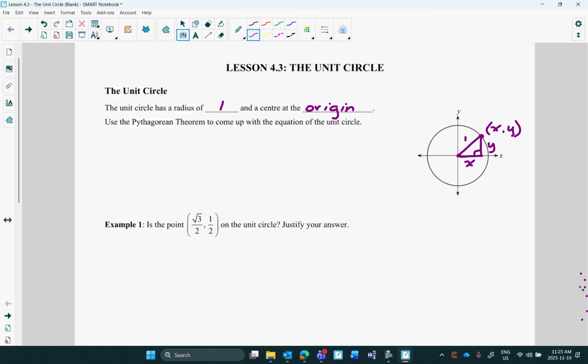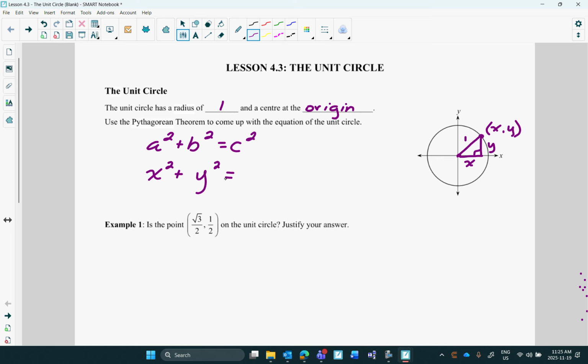Because we've got a right triangle and we're dealing with sides, we can use the Pythagorean theorem, a squared plus b squared equals c squared. But instead of a, I'm going to do x squared, plus, instead of b, y squared.